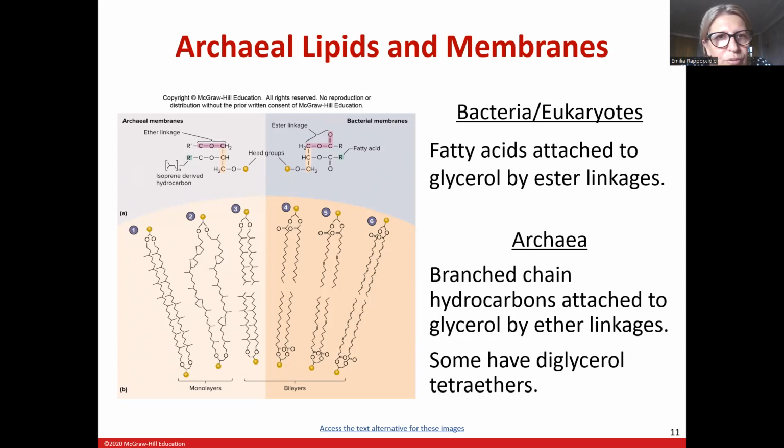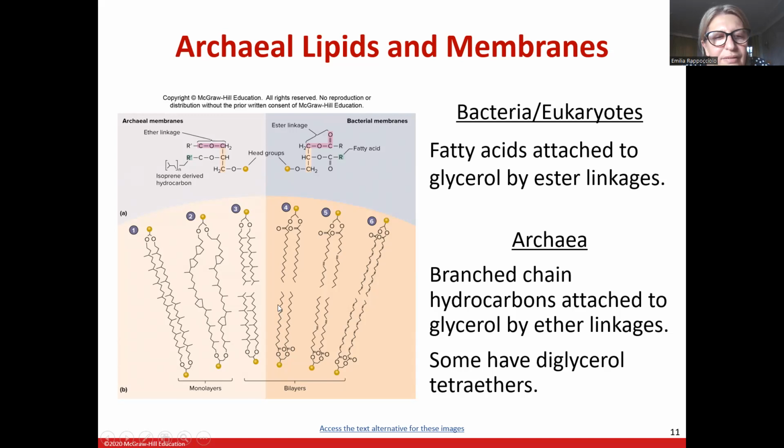And these monolayers are one of the mechanisms which help with keeping the fluidity of the membrane correct at high temperature, okay? So when they are like this one, the monolayer, like for instance, number 1, they're called diglycerol tetraethers. Diglycerol because you have 2 glycerols, one here, one here.